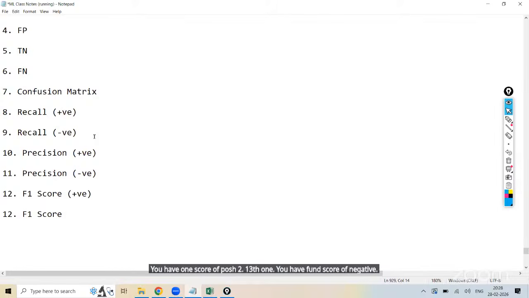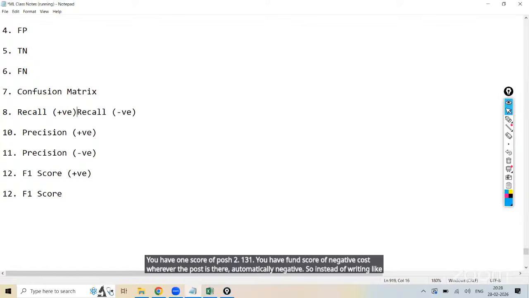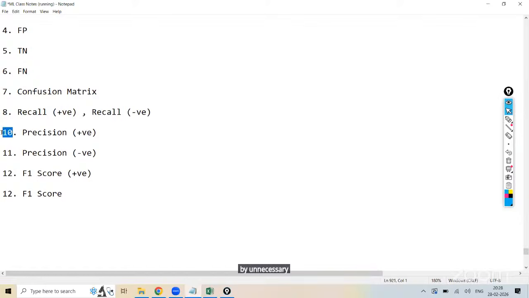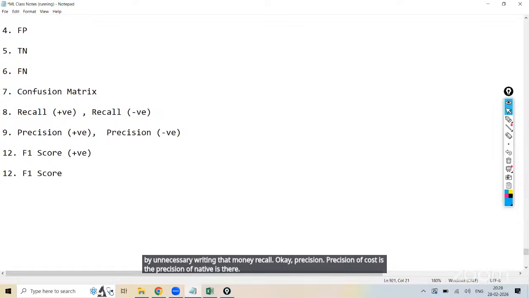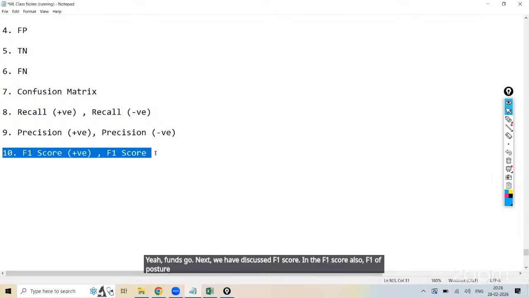Wherever positive is there, negative automatically follows. So instead of writing like this, let me write it together: both are recalls, both are precisions, and in the F1 score, F1 of positive and F1 of negative.